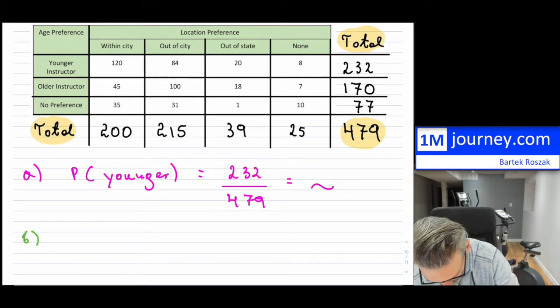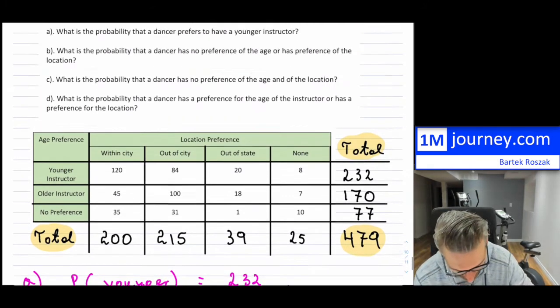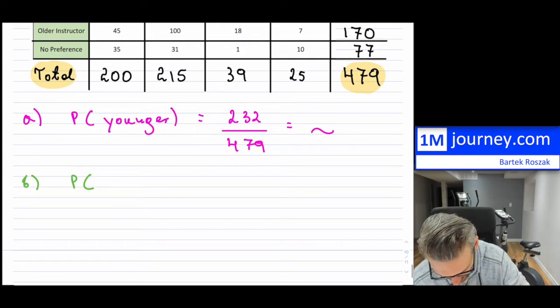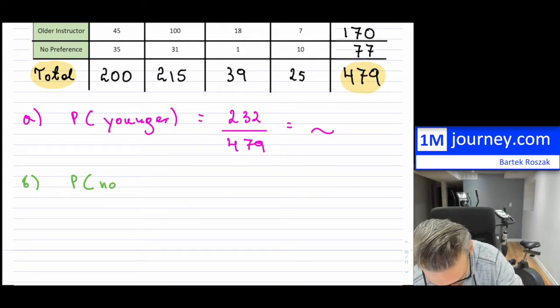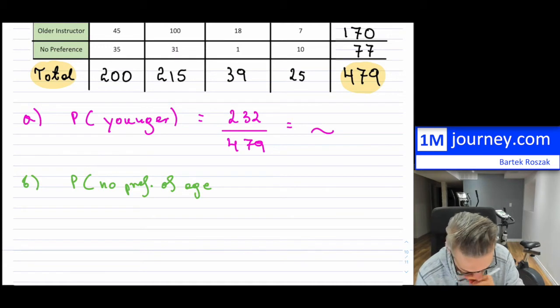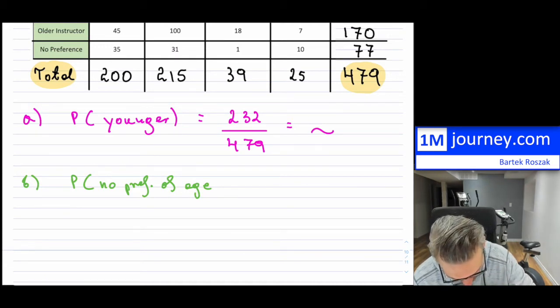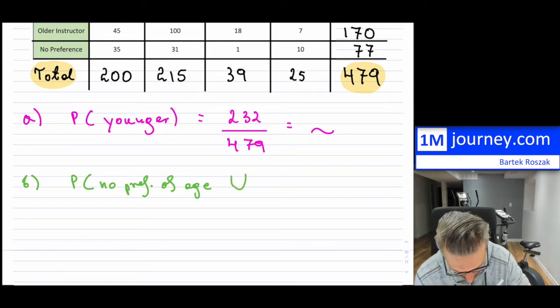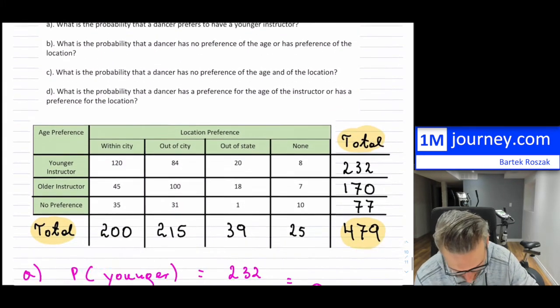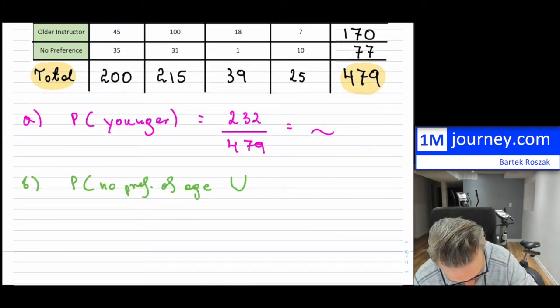Part B. The probability that they have no preference of age. And now it says or. So now here is or. Or has preference of the location.